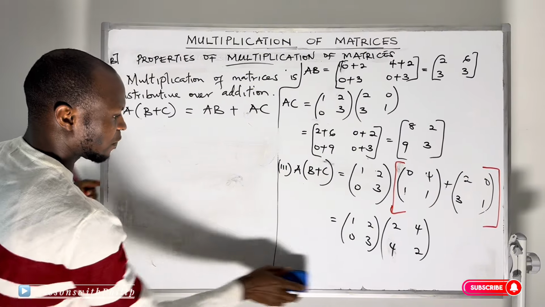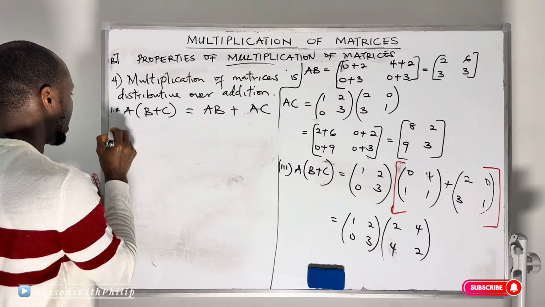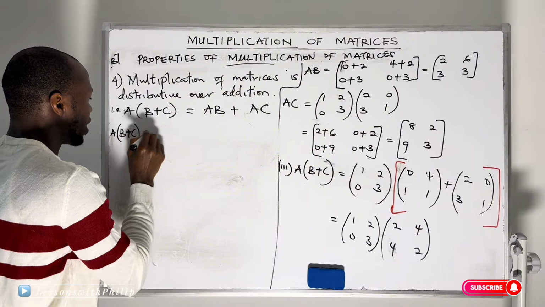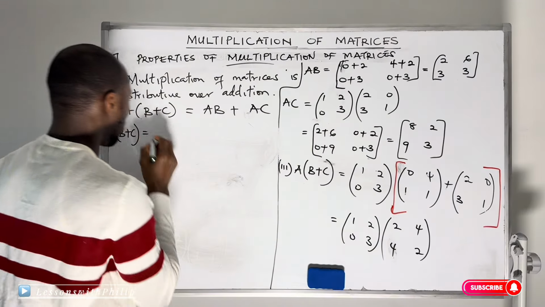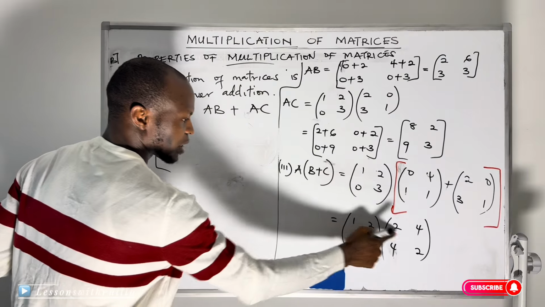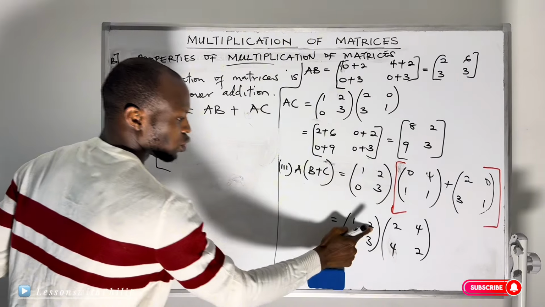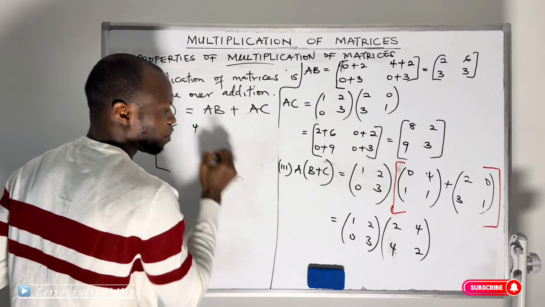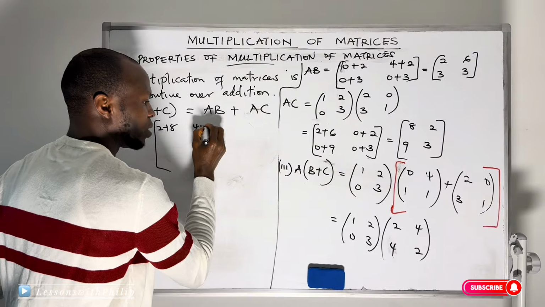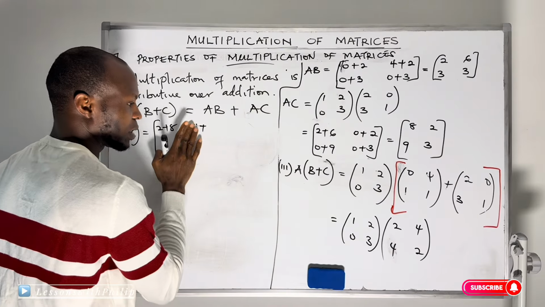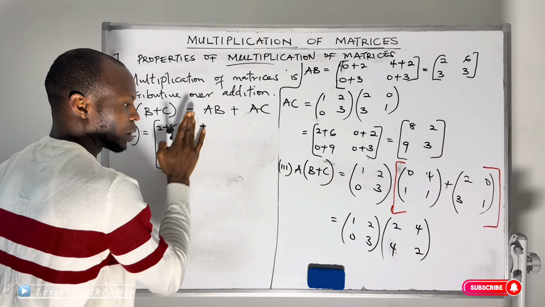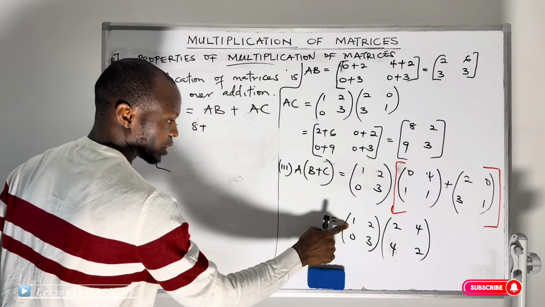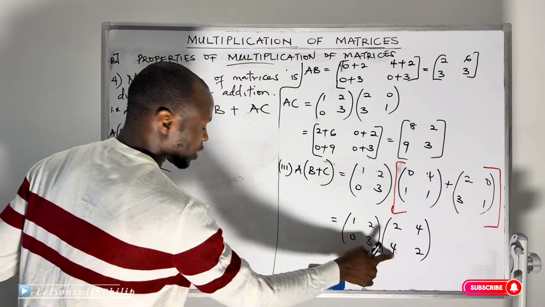Okay. Now, from that, my A multiplied by B plus C will give me, don't forget, rows multiply columns. That will give me 1 times 2, which is 2, plus 2 times 4, which is 8.